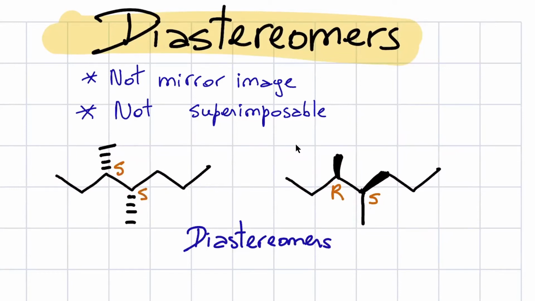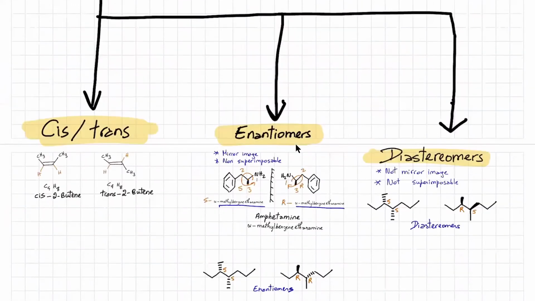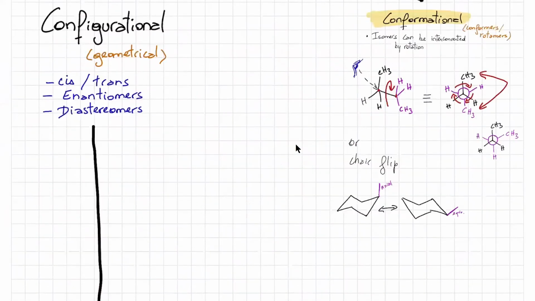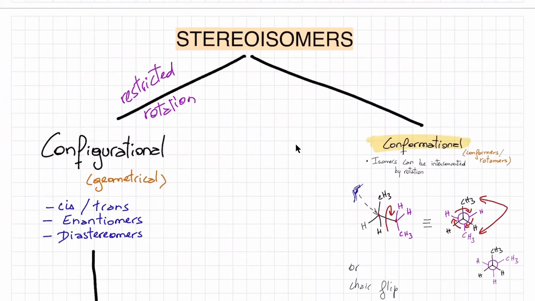Not perfect opposite, then we are dealing with diastereomers. I hope that you are still following me so far. If we zoom out, so far we've talked about three types of configurational or geometrical stereoisomers: cis-trans, enantiomers, and diastereomers.